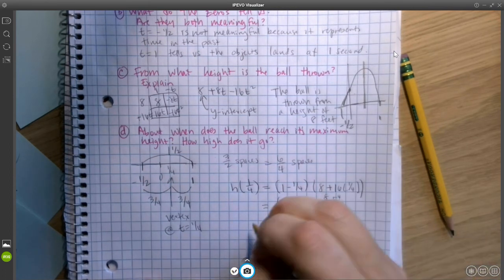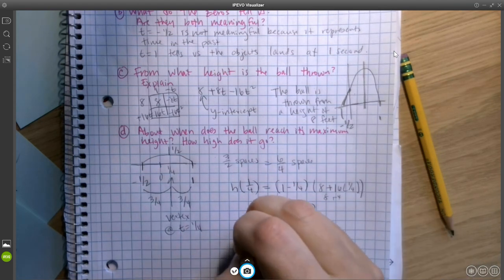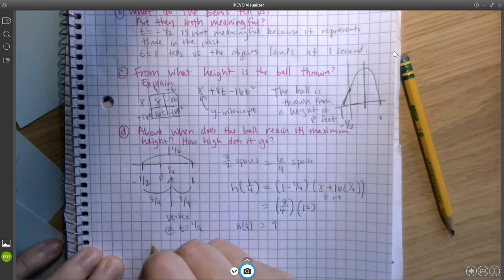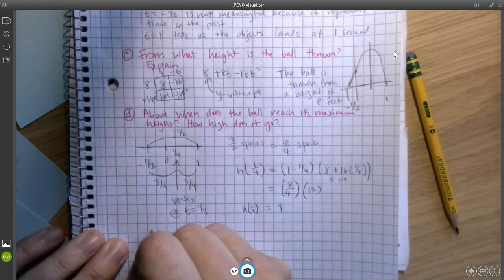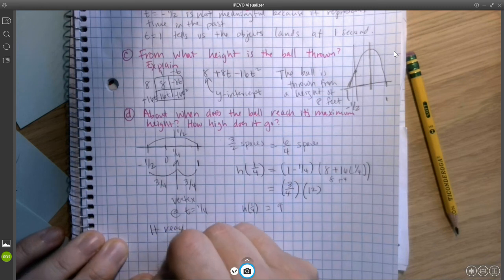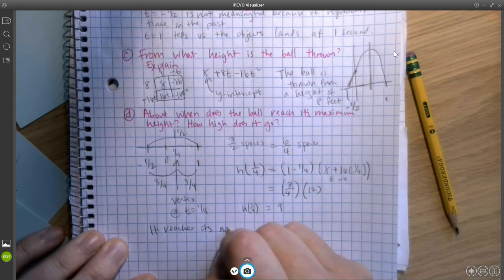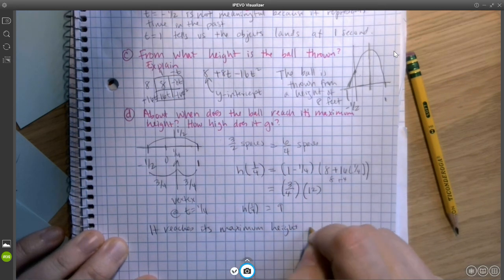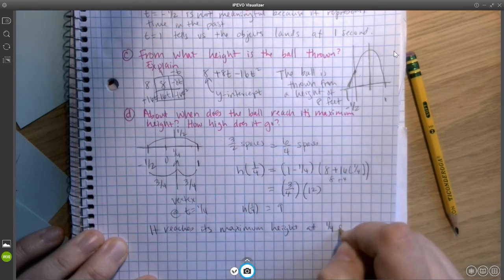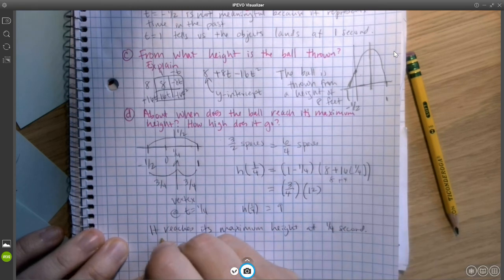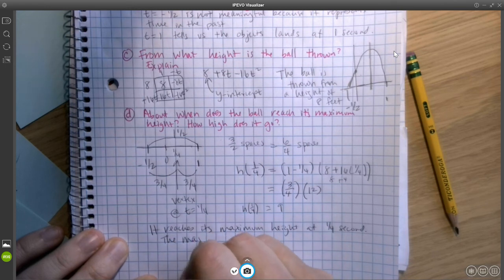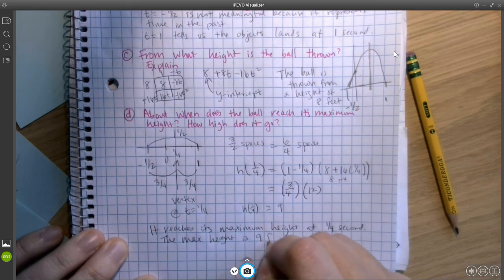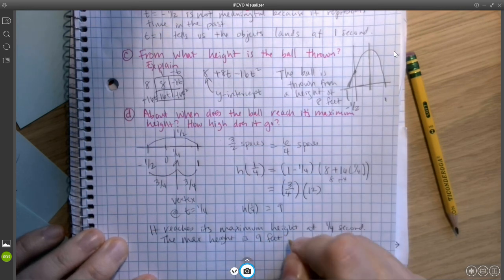Okay. So it reaches its maximum height at 1/4 of a second, and the maximum height is 9 feet.